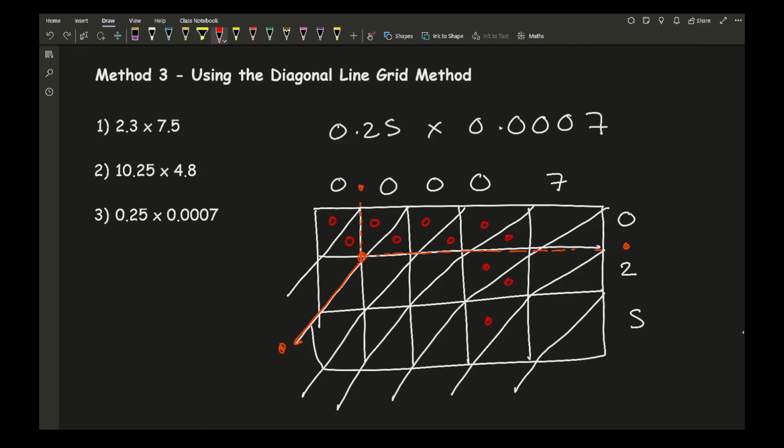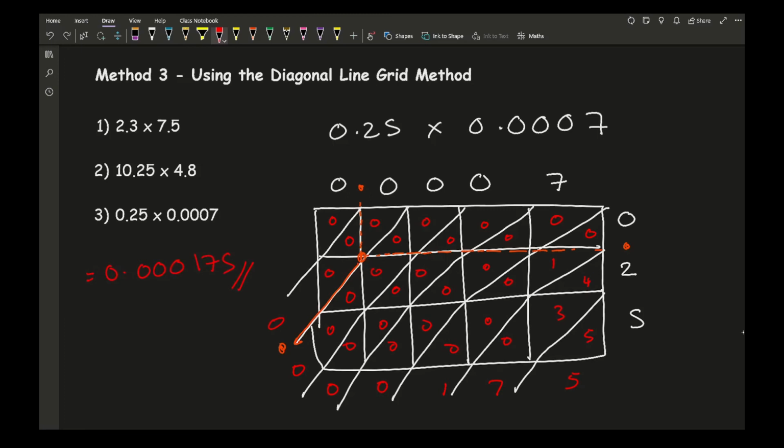This is all going to be zeros. Make sure your zeros don't look like 6s. And that's going to be 0. And then 7 times 2 is 14. 7 times 5 is 35. So working this out, I've got 5, 7, and 1. And then 0, 0, 0, 0. And that'll give me a final answer of 0.000175. And there is my final answer.